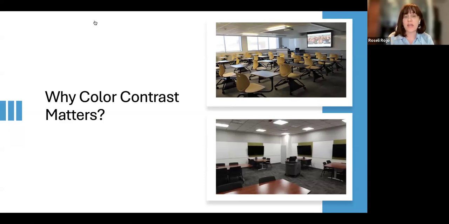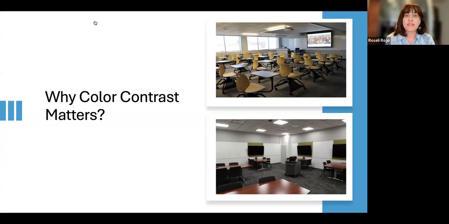So according to a study, for instance, conducted by Bilkent University in Turkey, students with ADHD corrected significantly more of their mistakes in rooms where the board and the wall were painted in contrasting colors. But as you can see in these pictures that I selected randomly, both the screen and the wall are white.